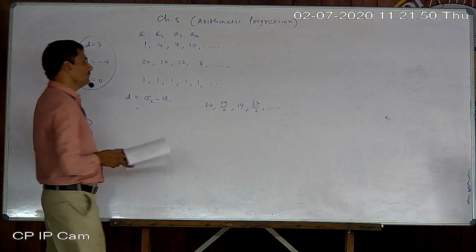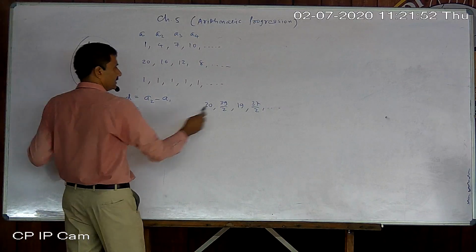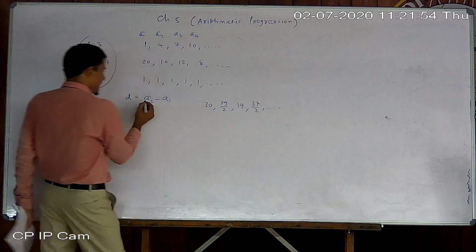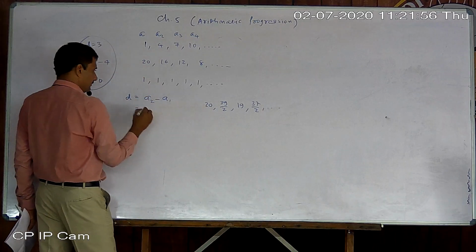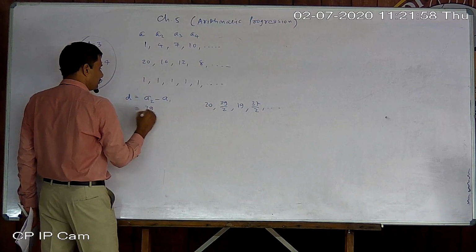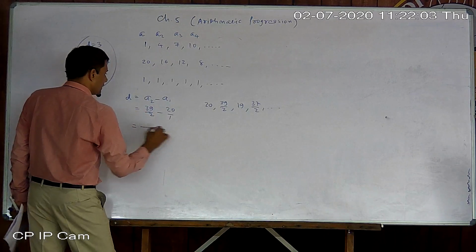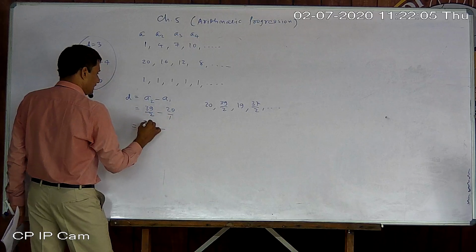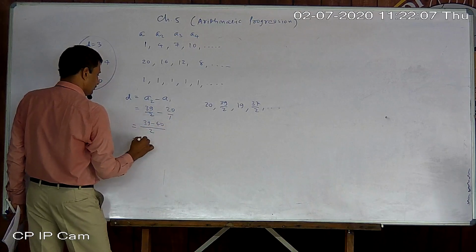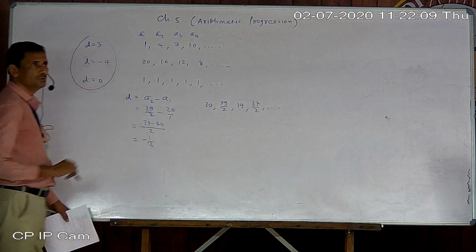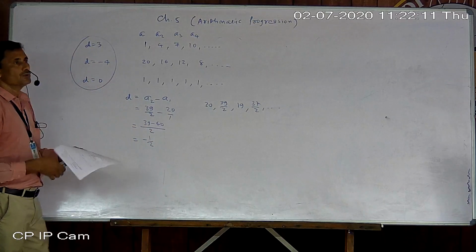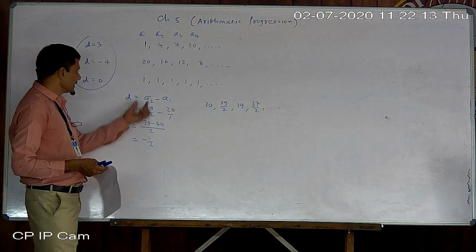Now I don't know what is the D. So finding D from A2 minus A1, A2 is 39 by 2 minus 20 by 1. So it will be 39 minus 40 over 2, which is equal to minus 1 by 2. So whenever you cannot find D orally, at that time use this way.